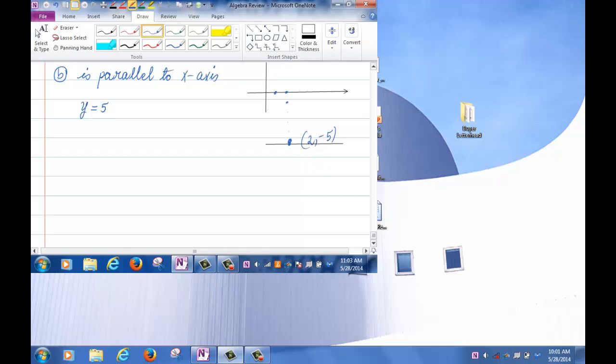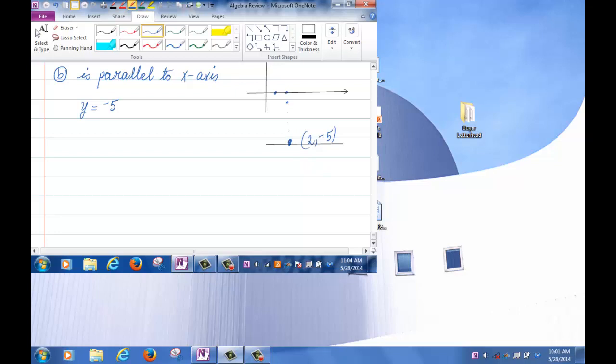It makes sense because every point on the line has y coordinate what? Every point on the horizontal line, not 5, it's -5. Y is -5 because the point is 2, -5. So every point on the horizontal line has y coordinate equal to -5. So y is always -5. X could be anything.